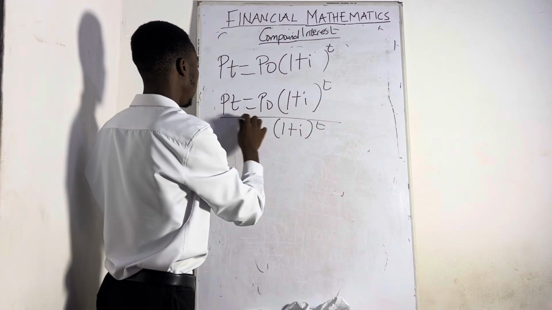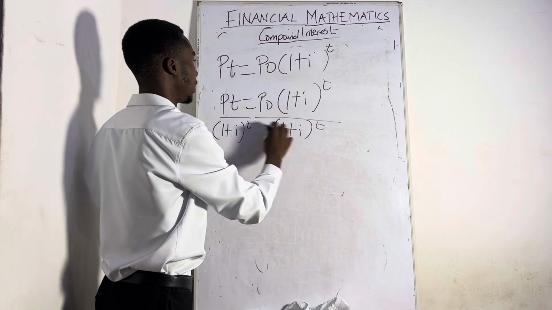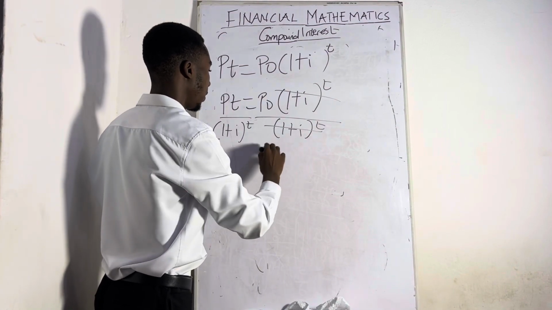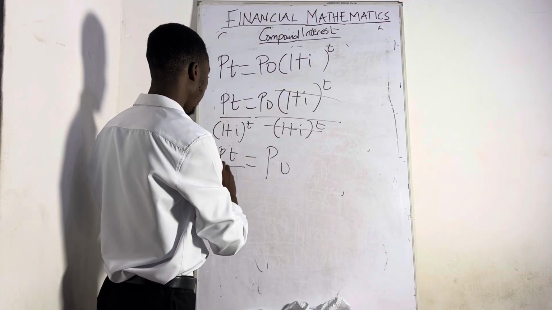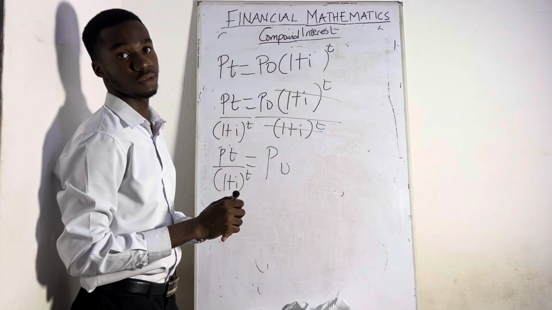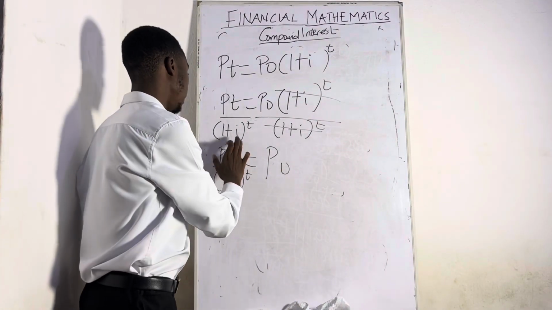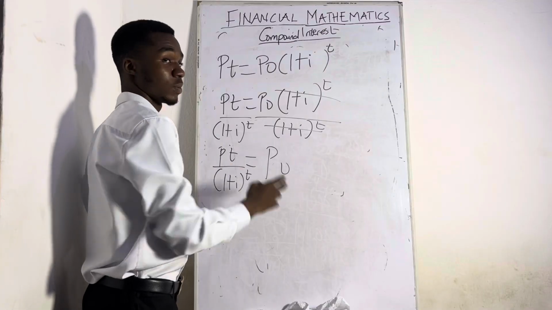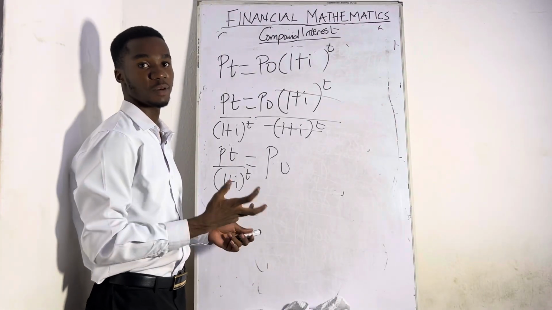Then I'll do the same for the left hand side, 1 plus I exponent t. Then this will cancel this. So my P0 is equal to Pt over 1 plus I exponent t. You get it? So if I want to find the present value, it's just my future value over 1 plus I exponent t. I'm sure you guys remember this from business finance when we are doing time value of money.